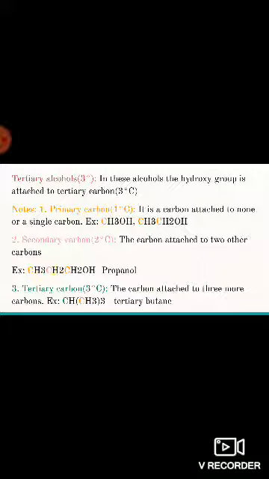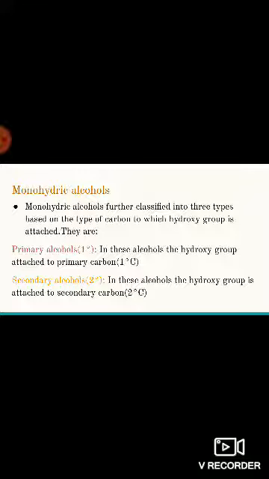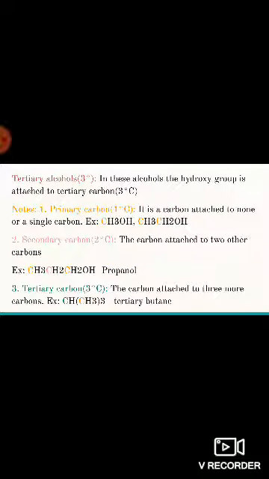So the middle carbon is the secondary carbon. The hydrogens attached to a secondary carbon are known as secondary hydrogens, and hydrogens attached to a primary carbon are known as primary hydrogens.